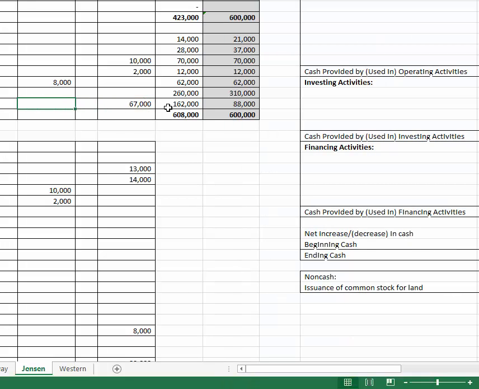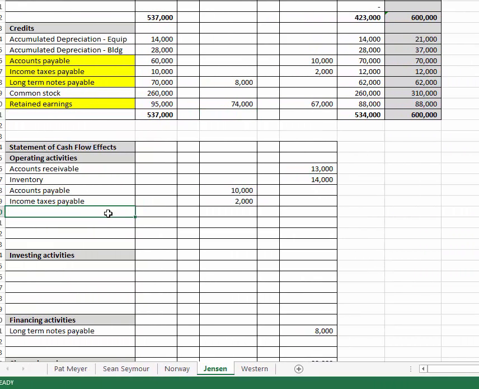So we want the number in here that will make this balance. And if I do the math, you'll need $74,000 to make that balance. So we'll bring both of these numbers down. Net income will go into the operating section.